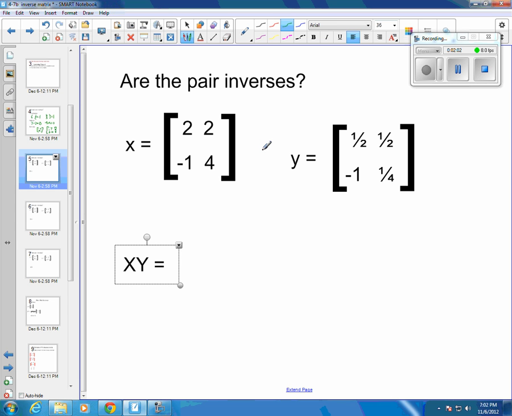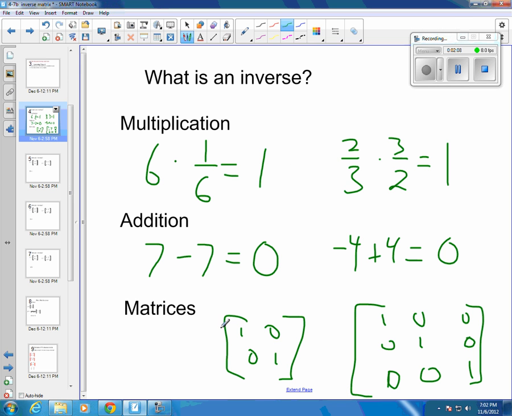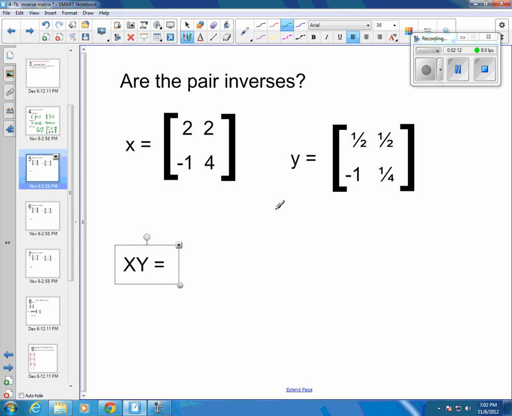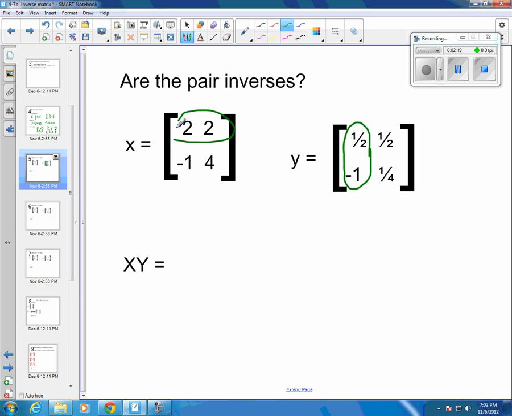So let's look at these two matrices and see if they are in fact inverses. Remember, inverses give us the identity, so if it's a 2 by 2, we're looking for 1, 0, 0, 1. When we multiply, we're going to take this column by that row.